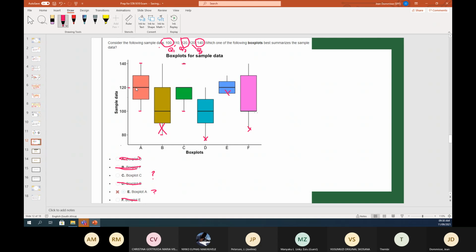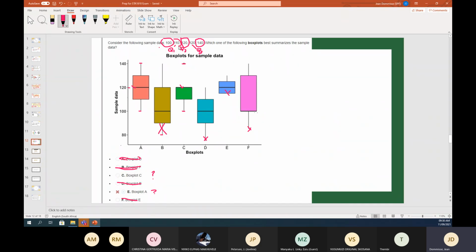It's still a possibility of A, still a possibility of A. This one was a bit more difficult, so we actually needed to go through all of the options. Unlucky if you had this one in the assignment.